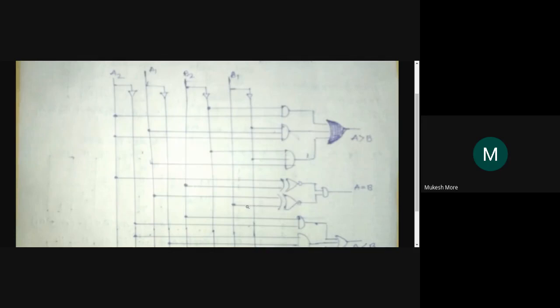So this is A1 XNOR B1 and B2 XNOR A2. After ANDing these two XNORs, we will get the A equal to B output.